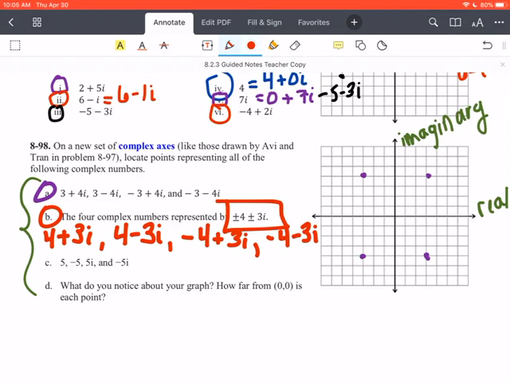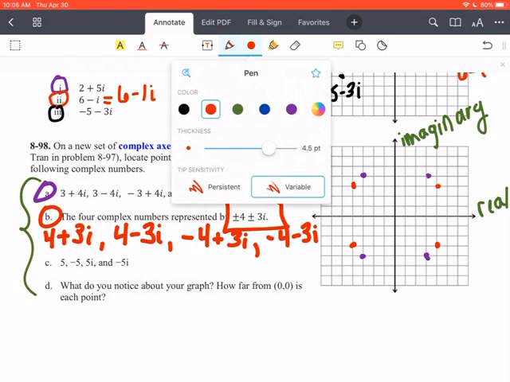So that makes 4 cases out of this expression. So we have over 4, up 3, and then over 4, down 3, then back 4, up 3, and then back 4, down 3. Okay, and we can see a lot of symmetry going on.